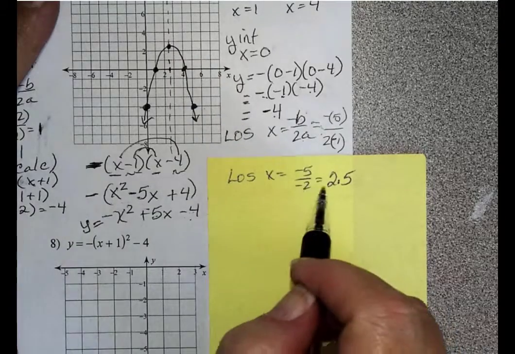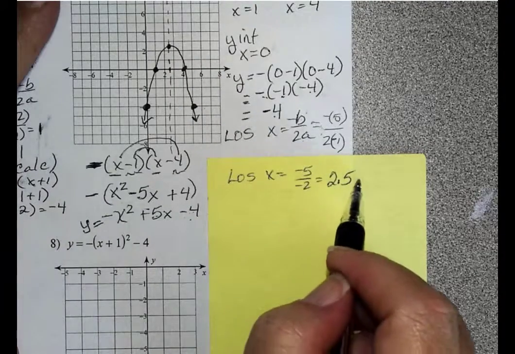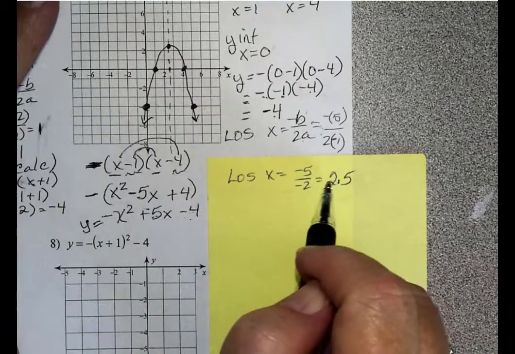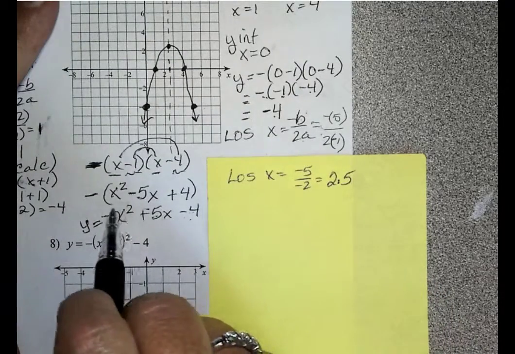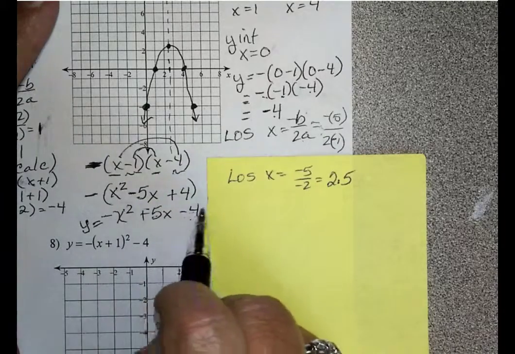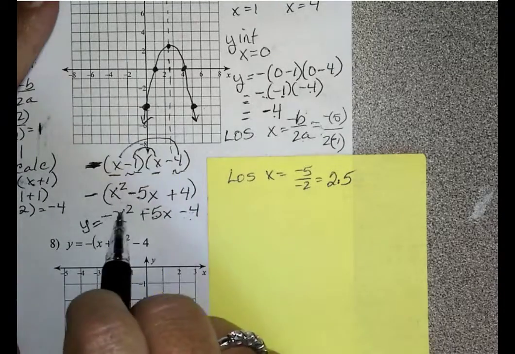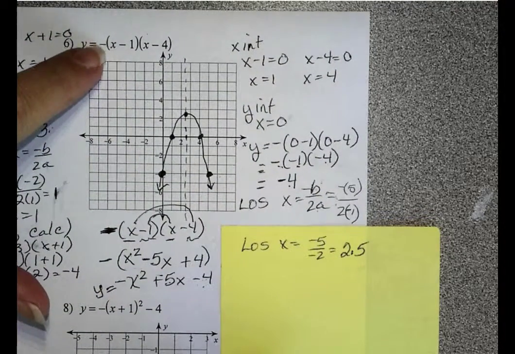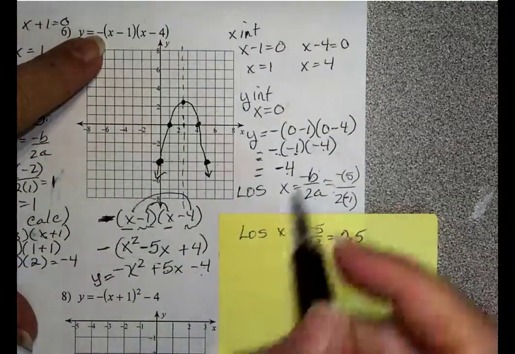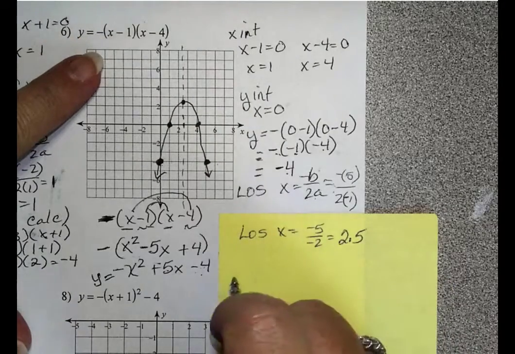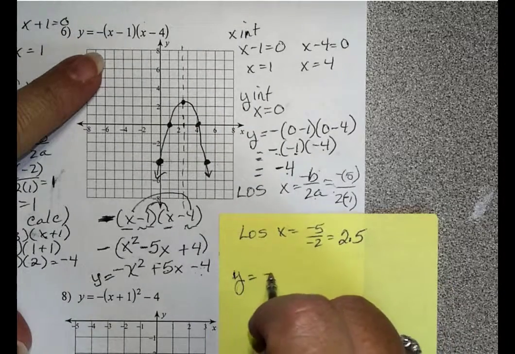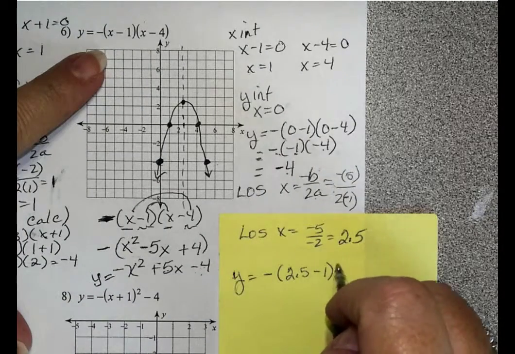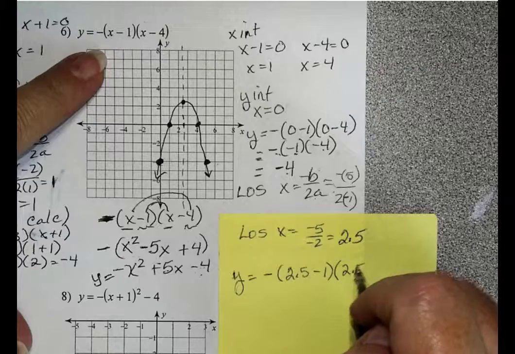So then I'm going to use my line of symmetry as my input, and I'm going to calculate my output. I can take my 2.5 and substitute it into my standard form of a quadratic, or I can go ahead and put it into the factored form. So I think I will just go ahead and put it into the factored form. So I'm going to have y equals the opposite of 2.5 minus 1 times 2.5 minus 4.